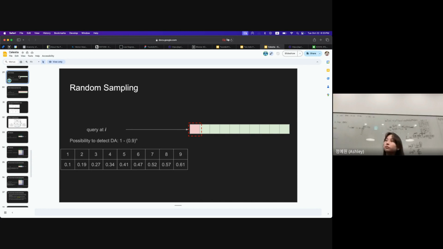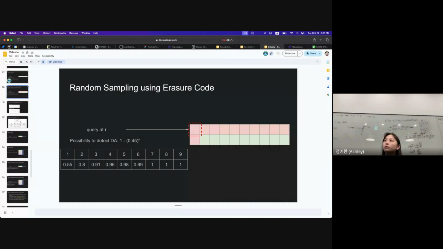Even though you query 9 times, the probability is just 0.61. If you go to the next page and use a Reed-Solomon code, then if you sample 7 times, it's almost detectable.